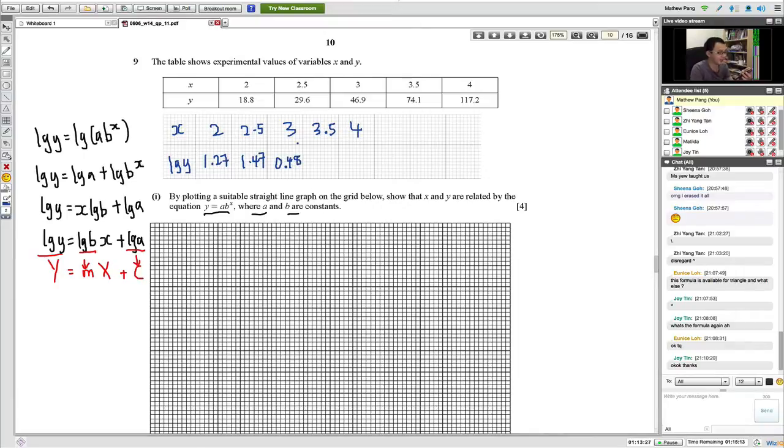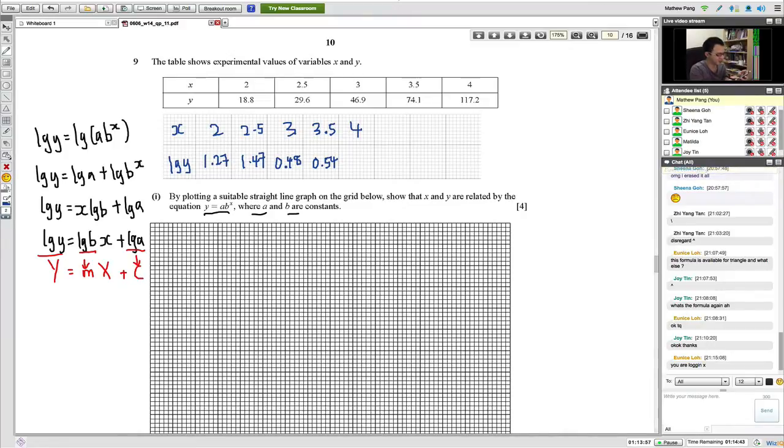And then I will log 3.5 and I'll get 0.54. Wait, why will the value go down and come up again? Let me log 3 again. Log 3 is 0.48. Log 3.5 is 0.54.